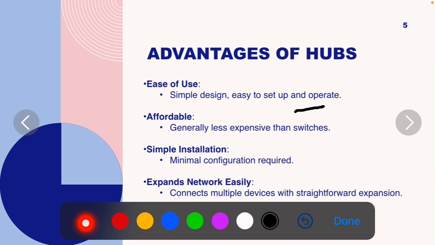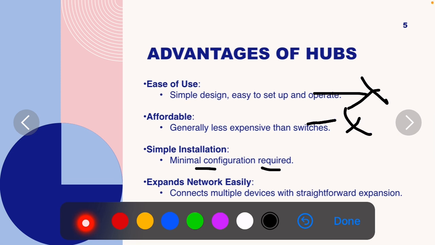Then third one is simple installation, that is, minimal configuration is required for setting up a hub. Hubs require virtually no configuration. There are no settings to adjust or IP addresses to assign to it, which makes installation quick and hassle free.